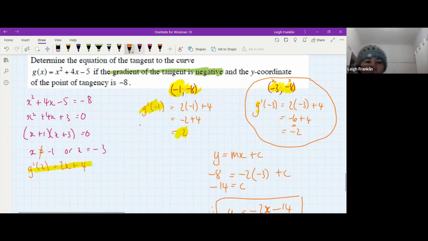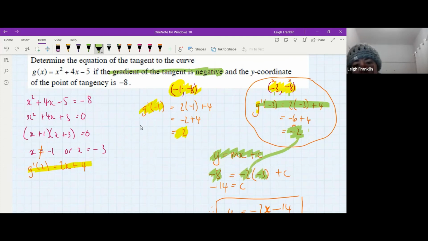So I did the same thing here where I took my x coordinate and subbed it into my derivative to work out the gradient of the tangent at that point, which was -2. Now I have my x, my y, and my gradient. So here I can sub into y equals mx plus c. There's my y coordinate, there's my gradient, and there's my x coordinate. And then I could work out what the value of c is. Does that make sense?